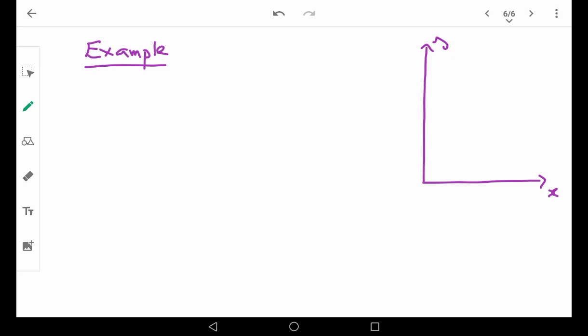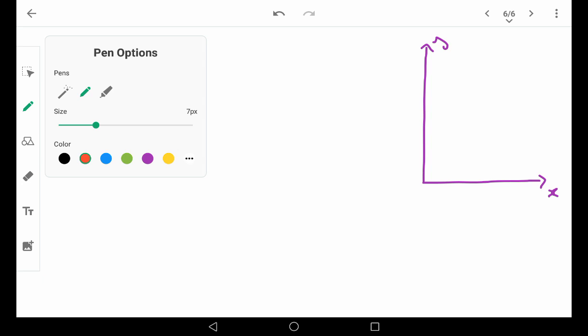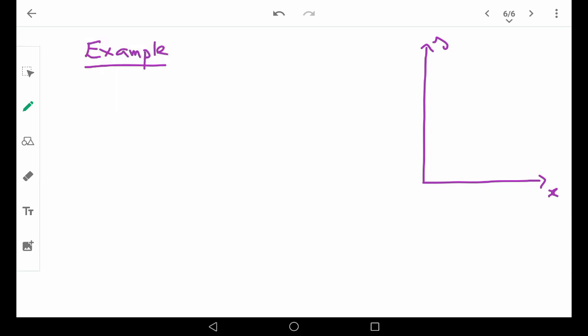I have conductors like this: this is conductor 1, this is conductor 2, and this is conductor 3.